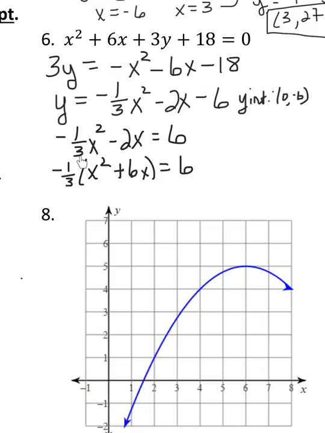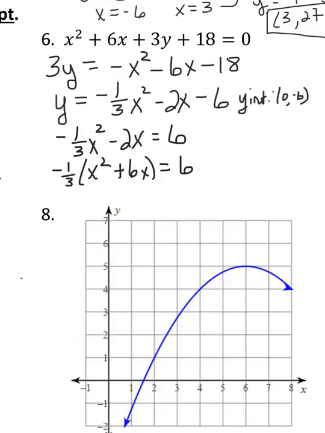So when I factor out a negative 1/3, I get negative 1/3, the quantity x squared plus 6x. Remember, I'm dividing negative 2 by a negative 1/3, so that's going to change this sign to positive, and this number becomes 6, because 2 divided by 1/3 is 6. Then the quantity, and we have equals 6.